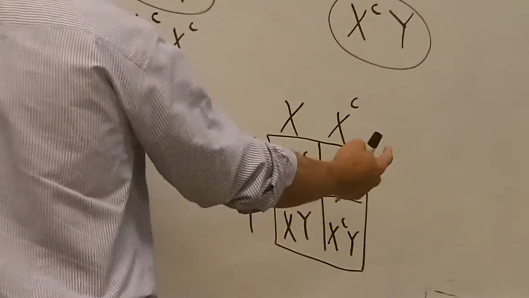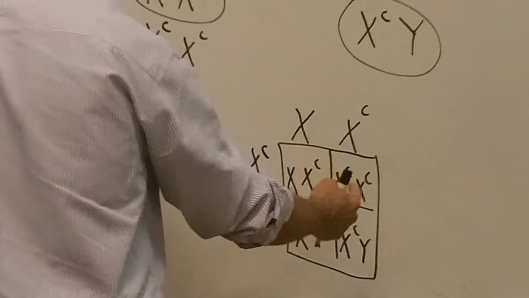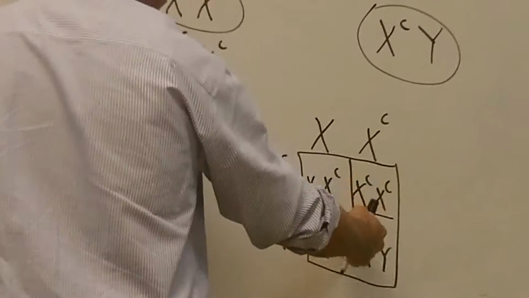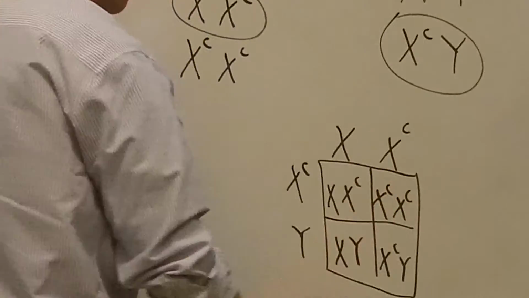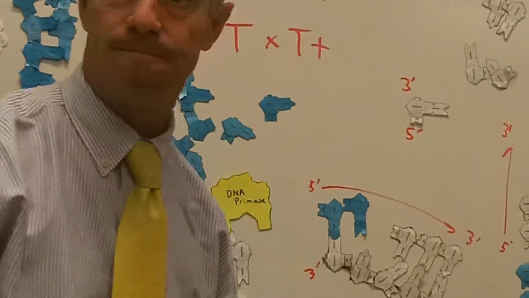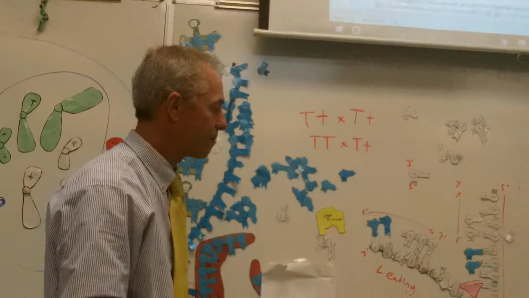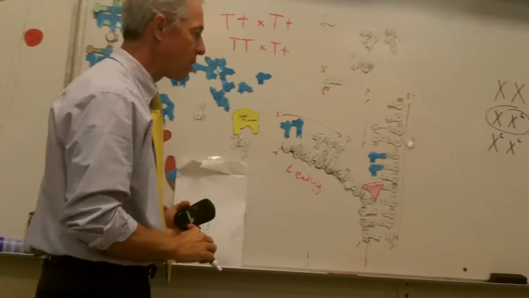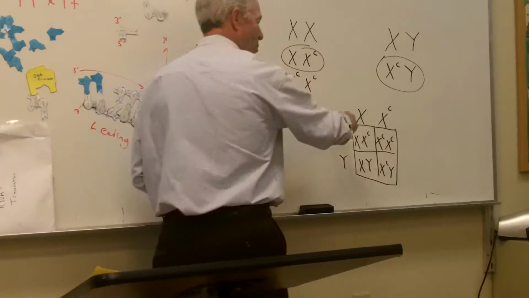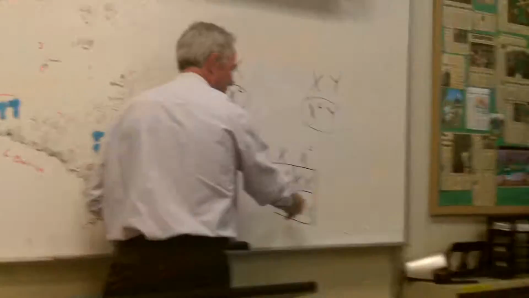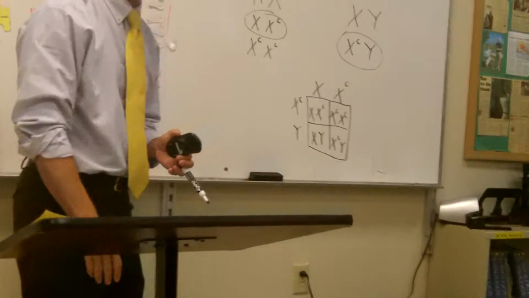Carrier female, colorblind female, normal male, colorblind male. 50% of the kids will be colorblind. What if they only had one kid? Then it has a 1 in 4 chance. 1 in 4 chance of being that, 1 in 4 chance of being that, 1 in 4 chance of being that, 1 in 4 chance of being that.